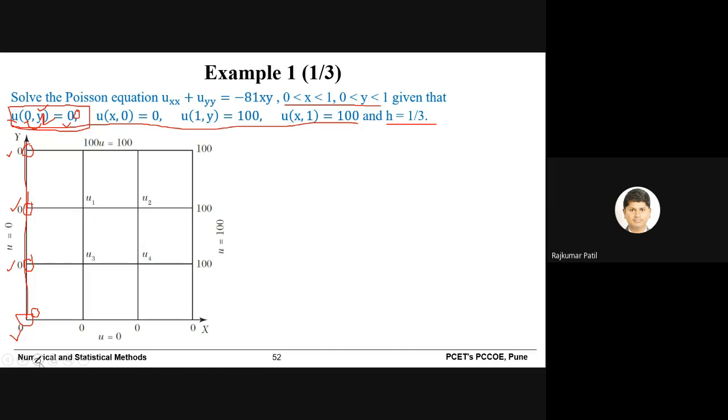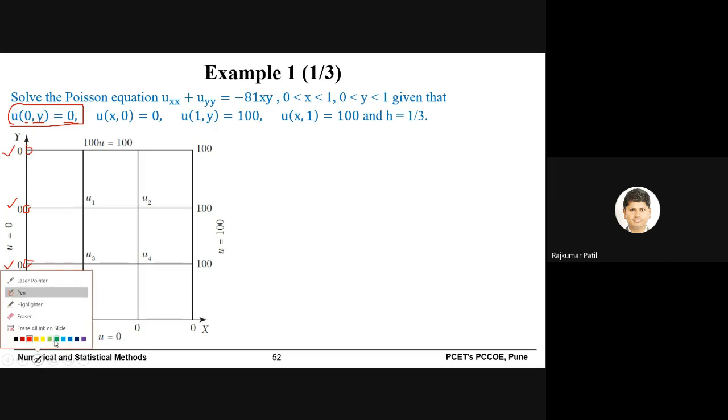So what we understood from this equation is that when x is equal to 0, for all values of y, your u will be 0. So that's why these 4 points are 0 that you can see in the figure. This is how we utilize the first equation to give the boundary condition, especially to the left side of the mesh.